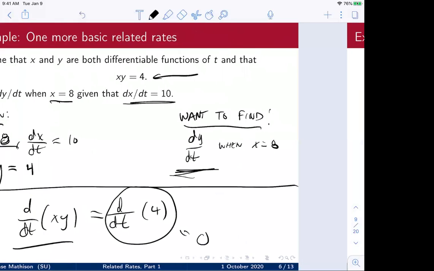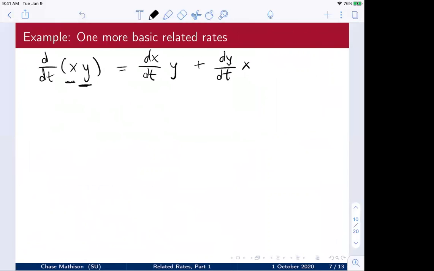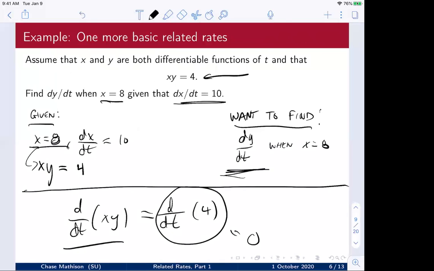So putting it all together, after we differentiate our relation with respect to t, we have dx dt times y plus dy dt times x is equal to 0. Okay. And now, what should I do? Plug in your givens. Plug in my givens. So I'm given x is 8, dx dt is 10.